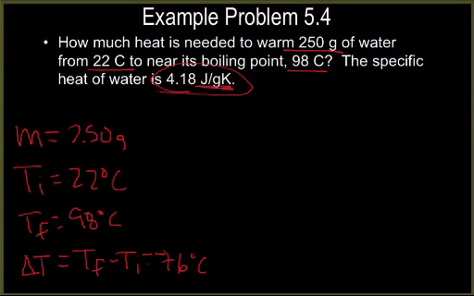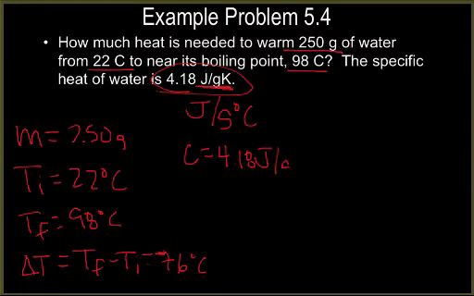This could also be joules per gram degree Celsius. The fact that this is in Celsius is okay, because the difference is going to be the same. Then our final piece of information is specific heat, which is notated with a C, and that's 4.18 joules per gram degree Celsius.